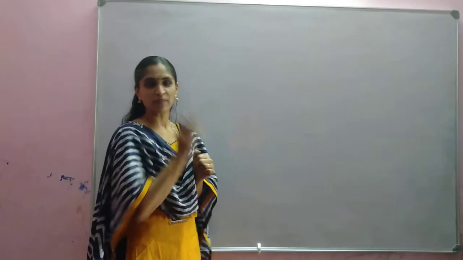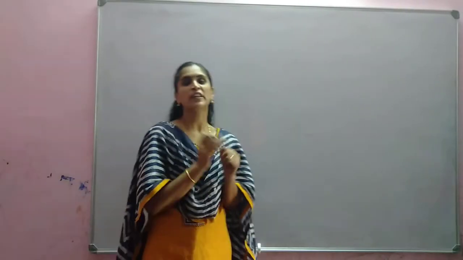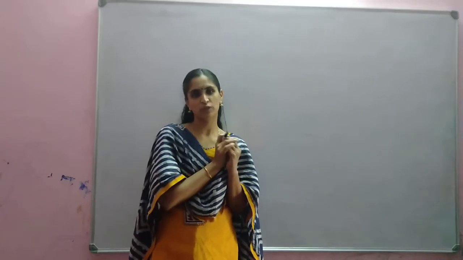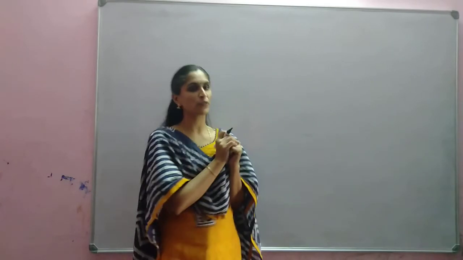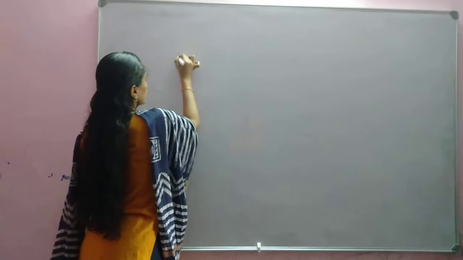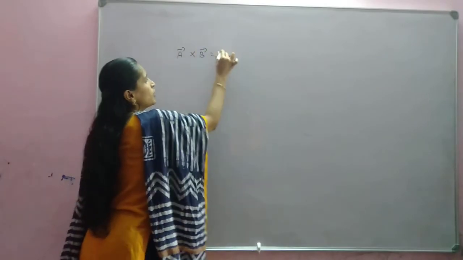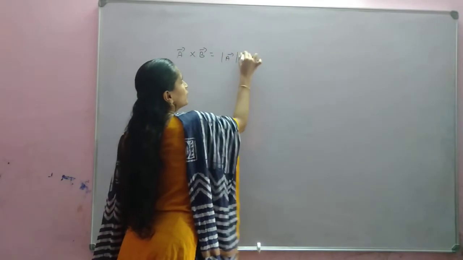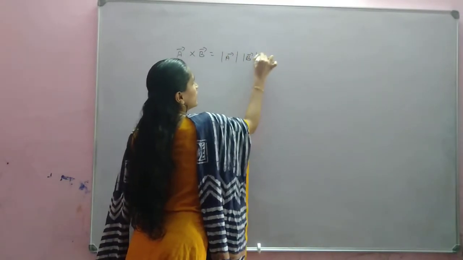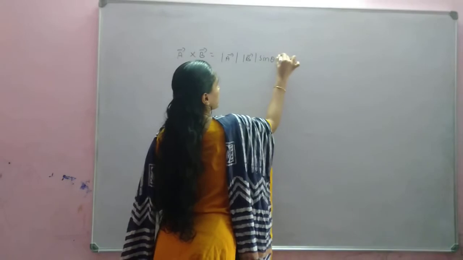Sometimes they may ask you to find a unit vector perpendicular to both vectors. How do we find a unit vector perpendicular to both A and B? We know that A cross B is equal to modulus of A into modulus of B into sin theta into n cap.